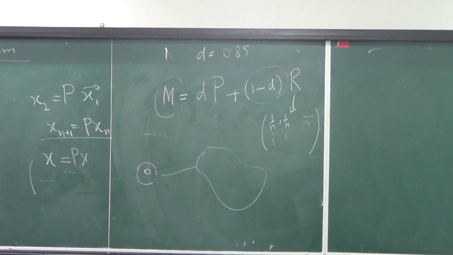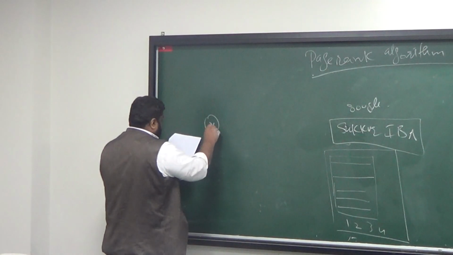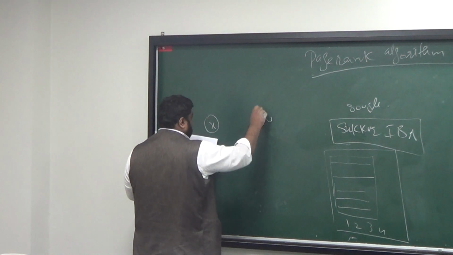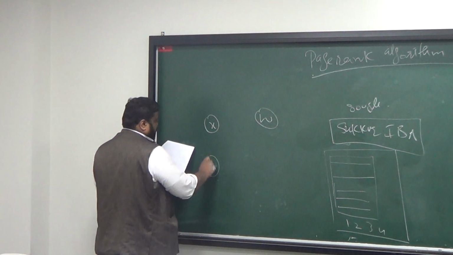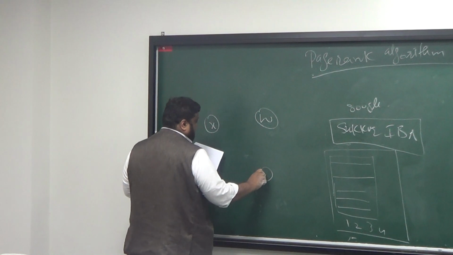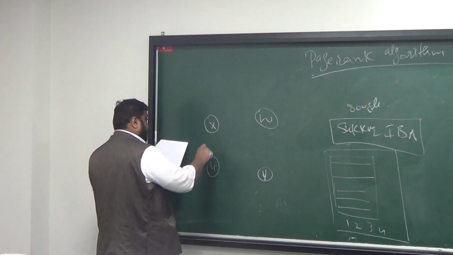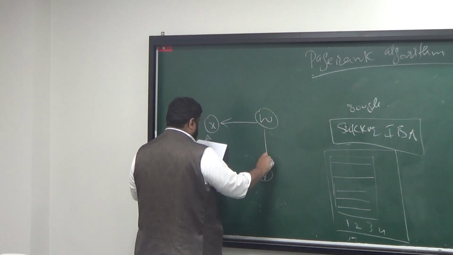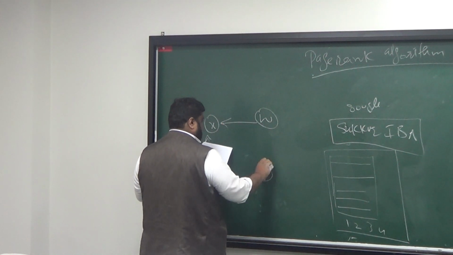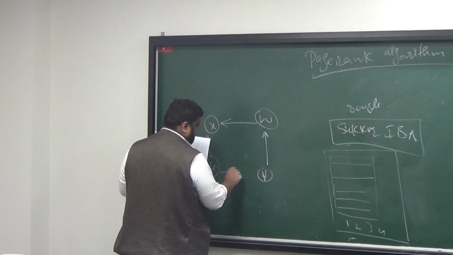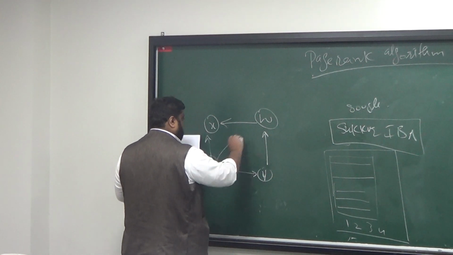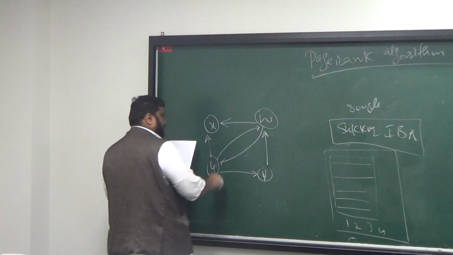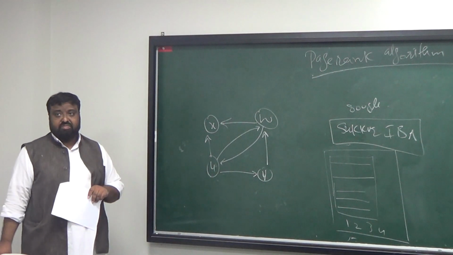Let me give you an example. Imagine you have these four websites x, w, u, and v, and this is the network.